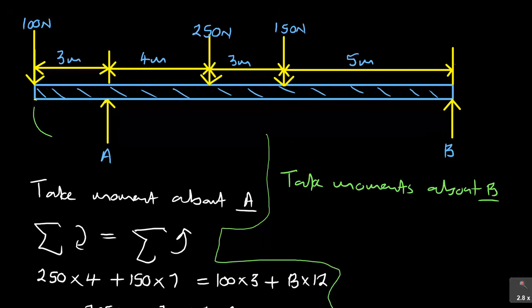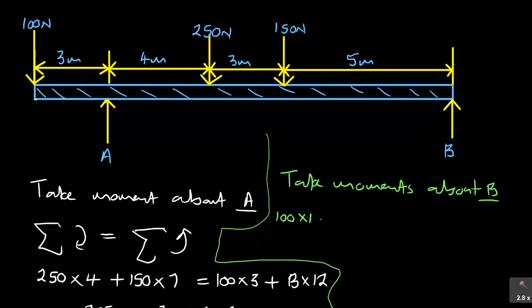So now if I start doing the calculations, it will be the 100 Newton force times B. Remember, you are adding the whole beam. From this point to B, it is 15 meters, because that's the length.